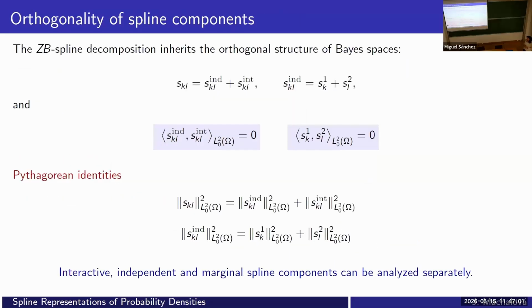So we have this independent and interactive part immediately from the construction. What is very useful is that in the decomposition of the spline, the interactive and independent parts are orthogonal, and also the marginals are orthogonal. So we have very nice Pythagorean identities, which means that all components can be analyzed separately.